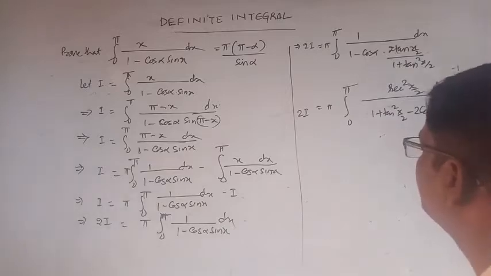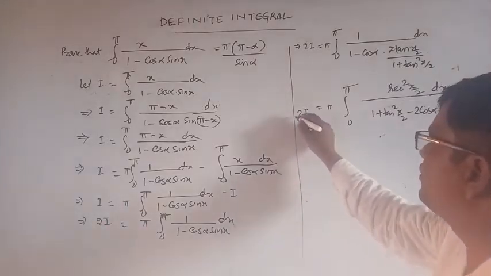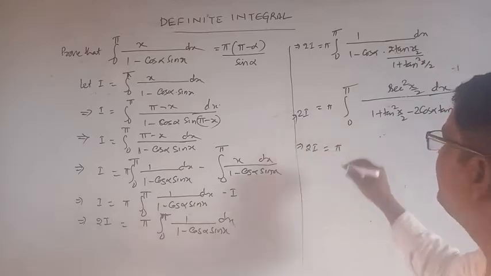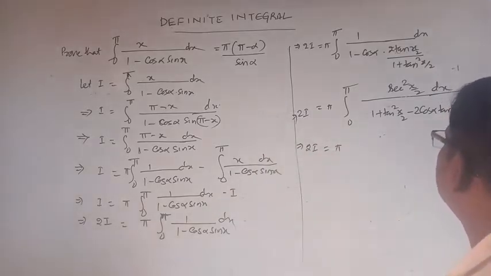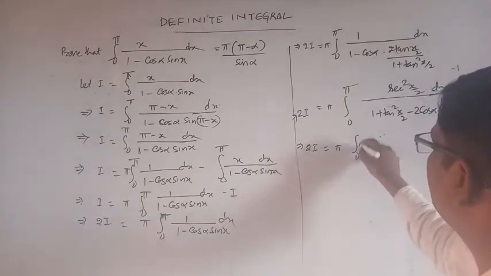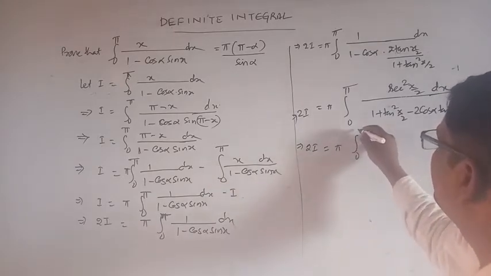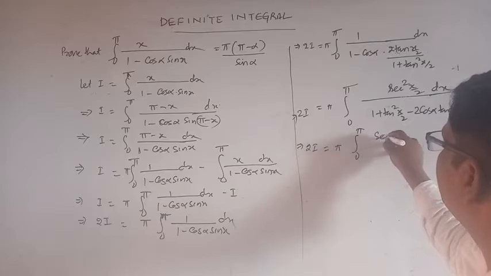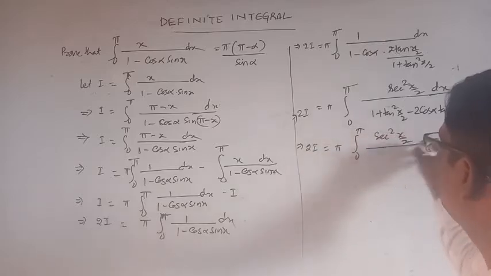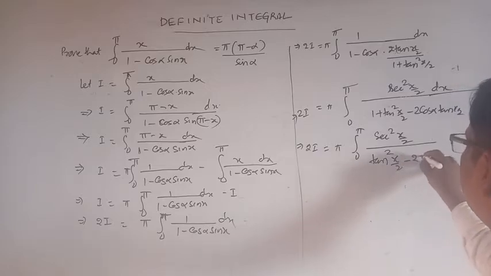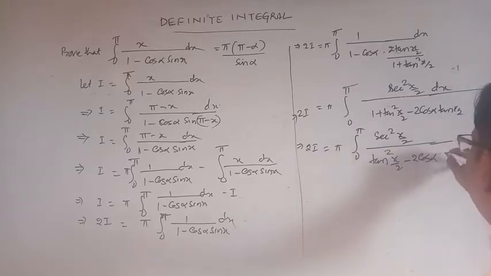Now 2I is equal to pi times the integral from 0 to pi of sec square x by 2 divided by (tan square x by 2 minus 2 cos alpha tan x by 2 plus 1) dx.